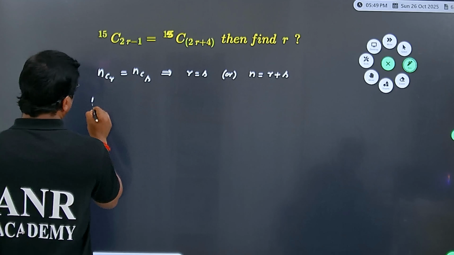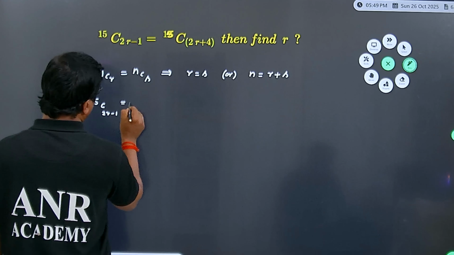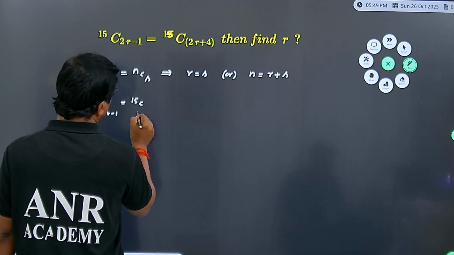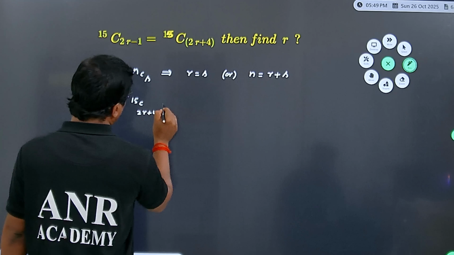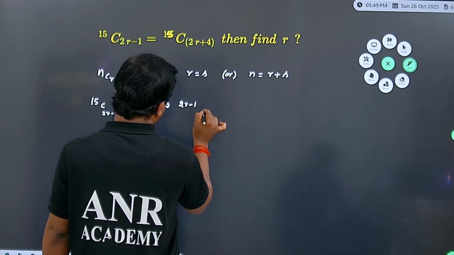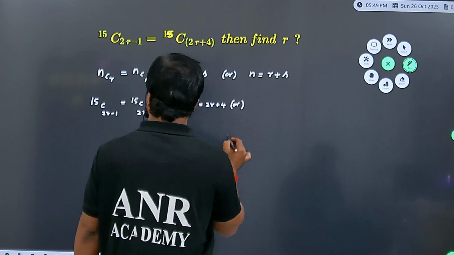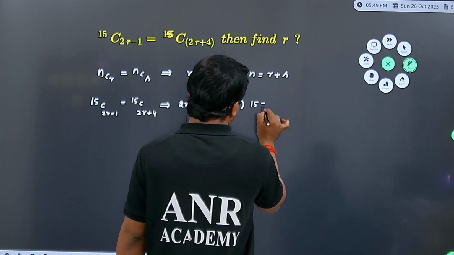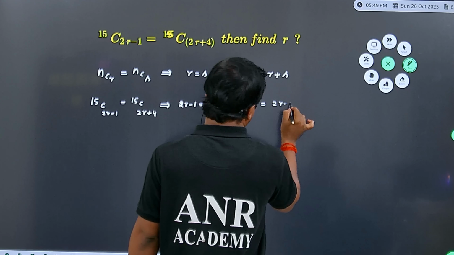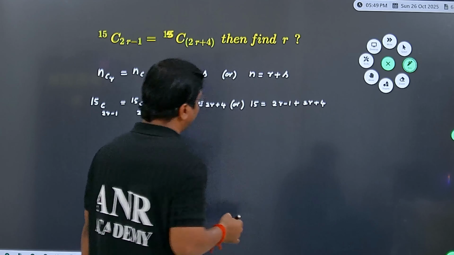Here 15C(2r minus 1) equal to 15C(2r plus 4) implies 2r minus 1 equal to 2r plus 4, or 15 equal to 2r minus 1 plus 2r plus 4.